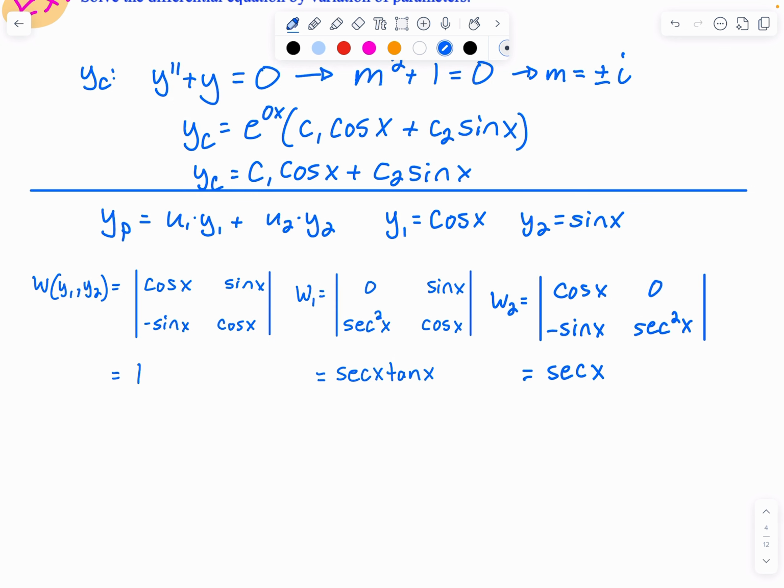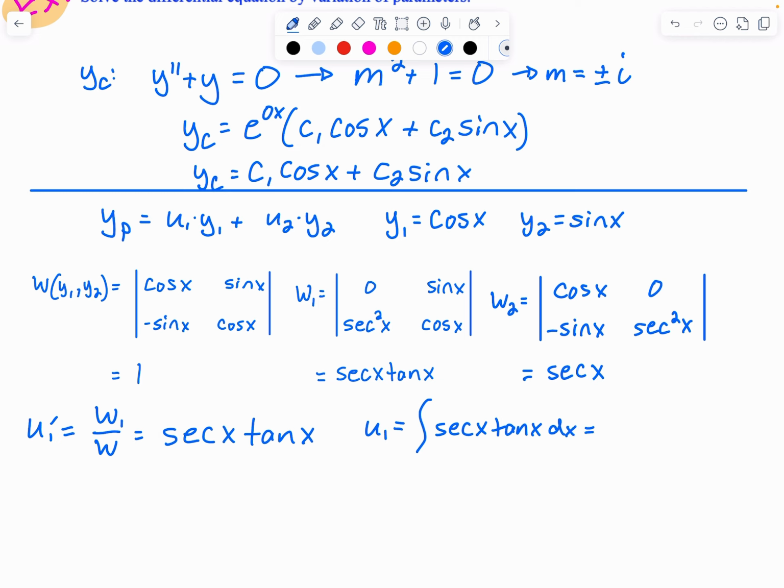So we can now go after our u1 prime and u2 prime. u1 prime is W1 over W. So W1 is the secant tangent over 1, so we just get a secant tangent. Right? To get u1 then, I just take the integral of that. And thankfully, that's a nice, pretty integral.